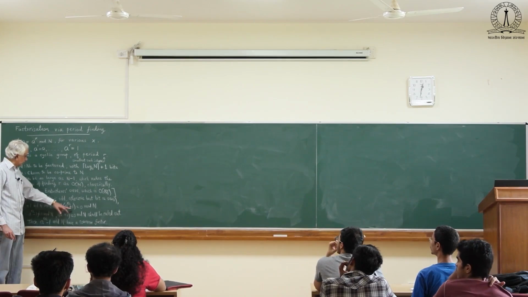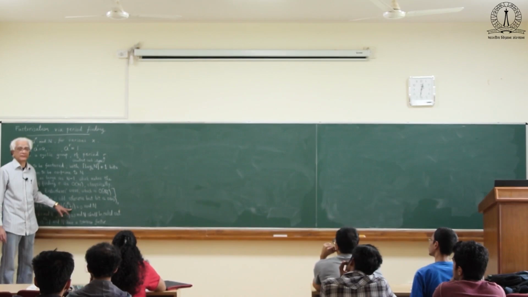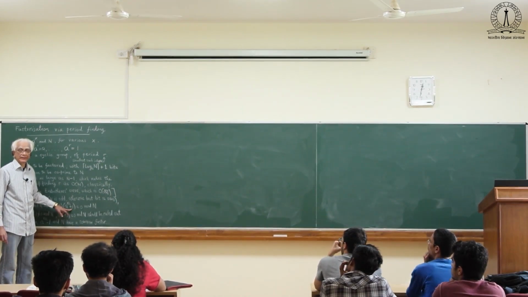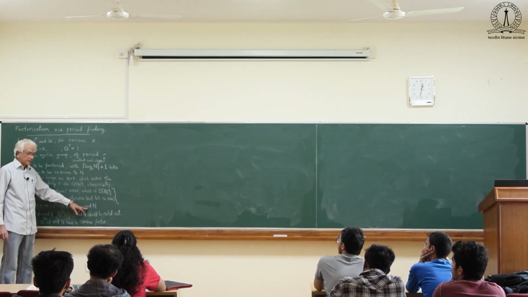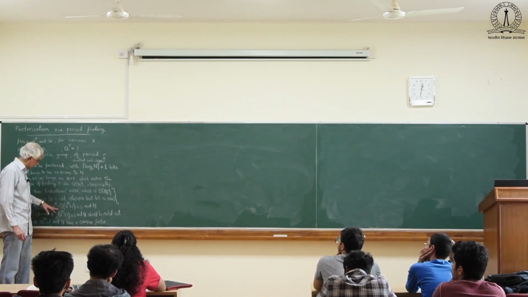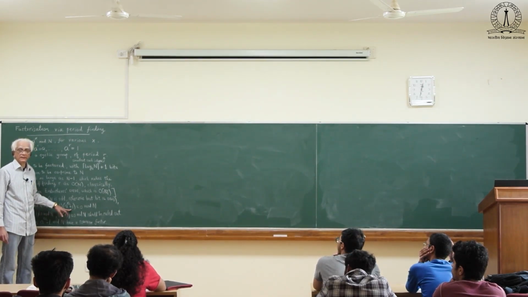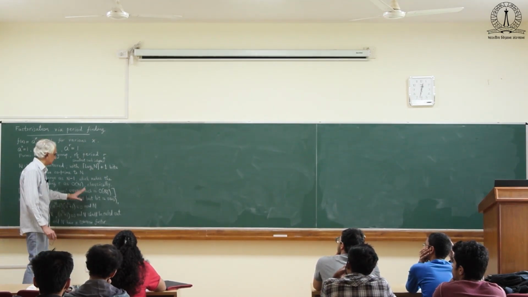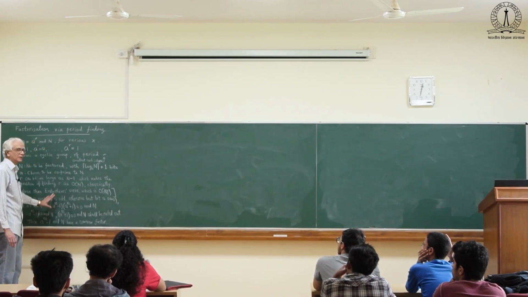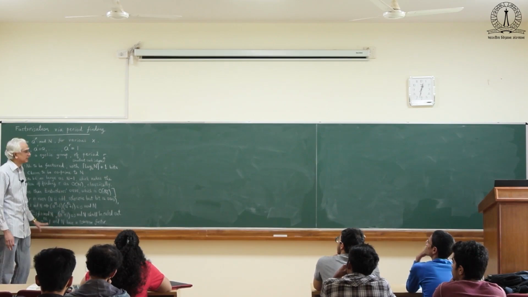If this is not 0, that means it is not a multiple of n. So if n has some factor, that factor has to come from here. It cannot come from there because it's not a multiple of n. So this is a formal argument. The best thing is to give very simple examples and see how this works.